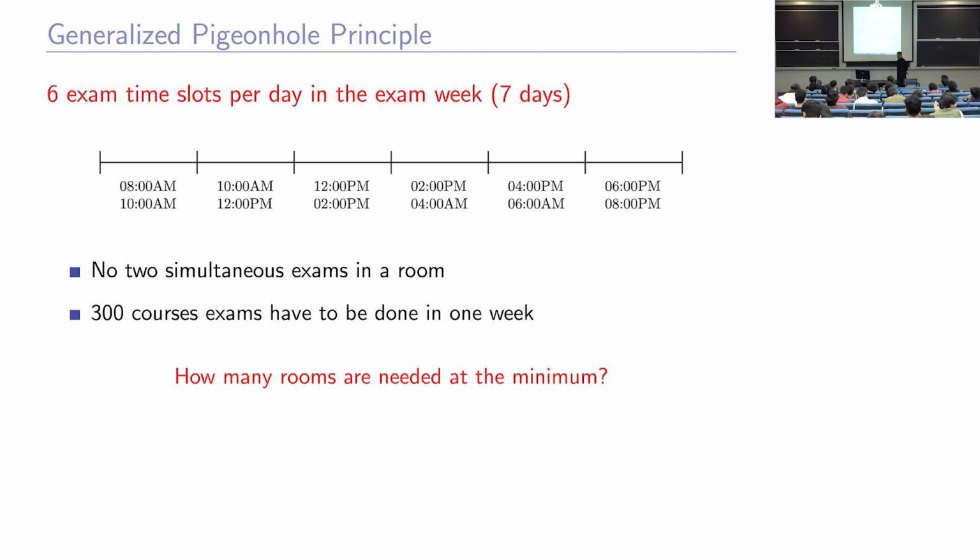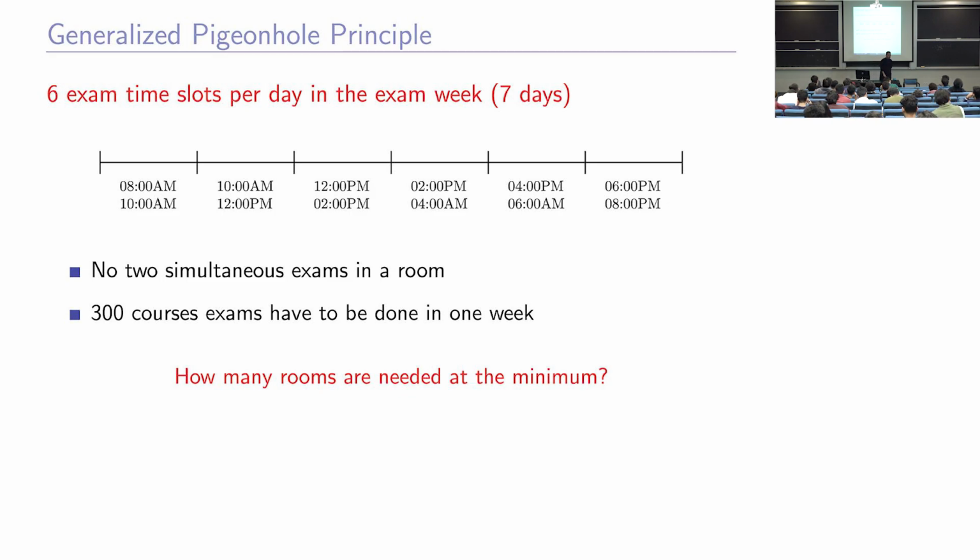Look, think of it, it's an interesting question. Suppose you have only one room. Can you do this scheduling? Why not? Yeah, because I have 300 exams and I have one room, 6 slots per day, 7 days, total maximum 42 exams can be scheduled.